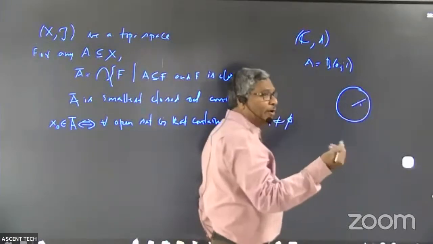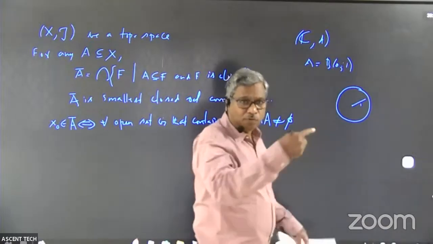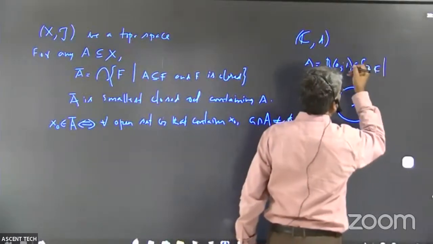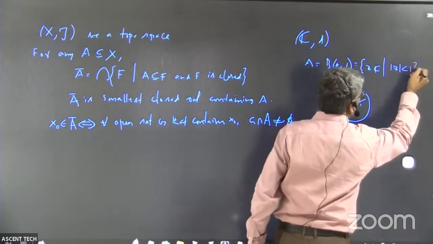Now you see, if you take any point on the boundary, and boundary has to be defined very carefully in topology, but a layman will say that is the boundary of the disk, right? This is the open disk. I've taken all the points in the complex plane whose distance from 0, which is mod z, is less than 1.